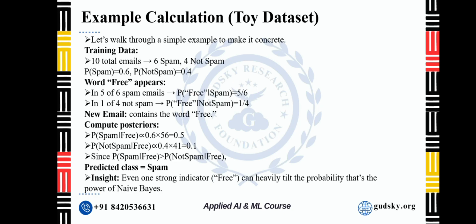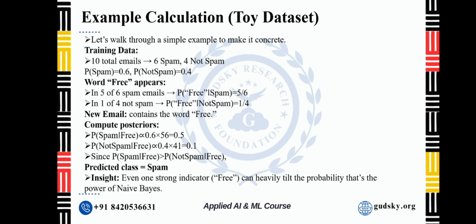And P of not spam given free is proportional to P of not spam times P of free given not spam. So we take the same formula for both scenarios, but we change the features. Compare both, 0.5 versus 0.1. Here spam has the majority value, so the model predicts the email as spam.